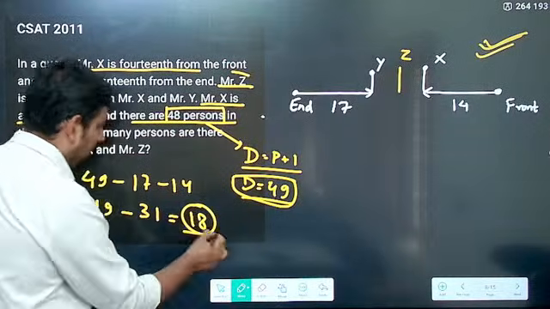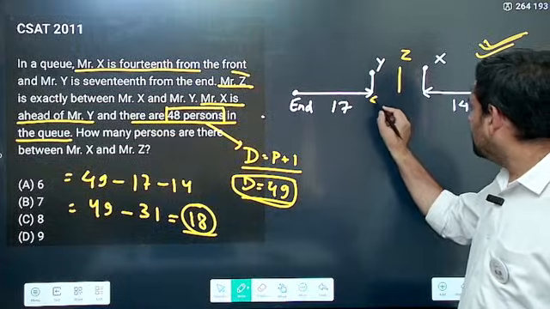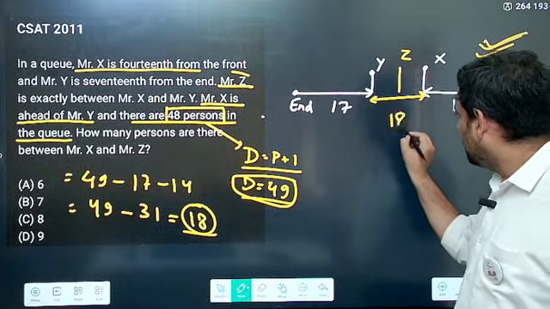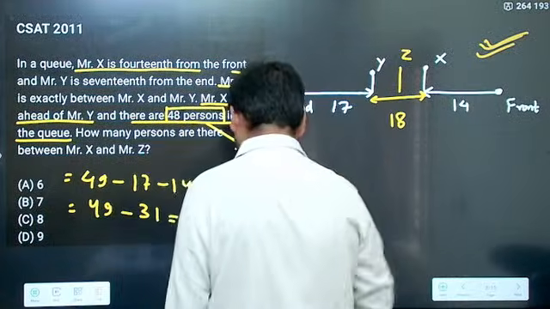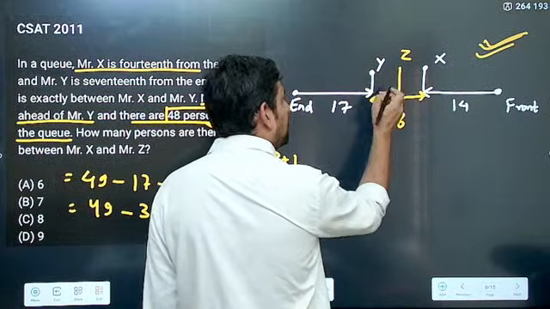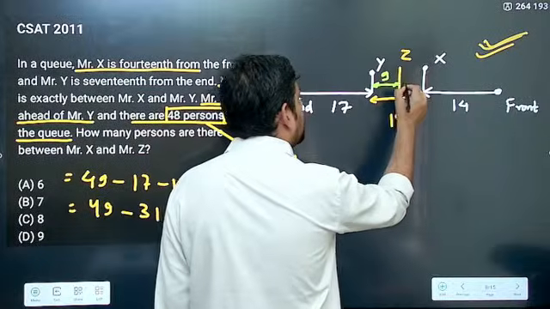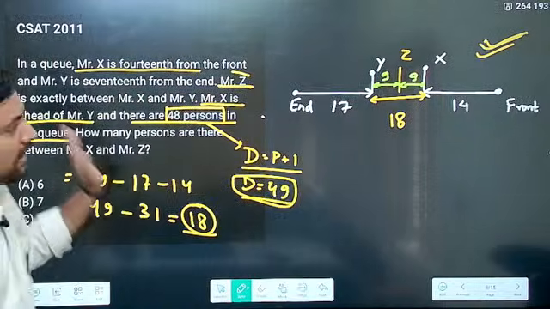The answer becomes 18. 18 is the remaining distance, which is this. Now if this is 18, what is this length? This has to be half. So it will be 9 here and 9 here. Now the diagram is complete.